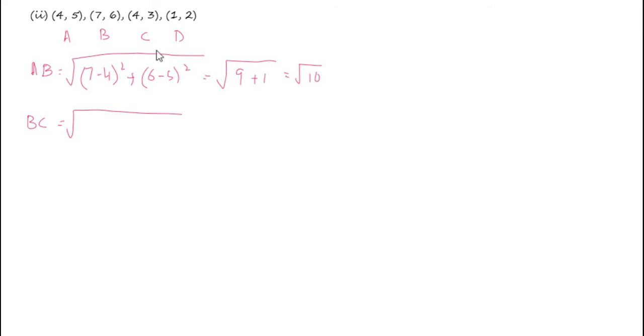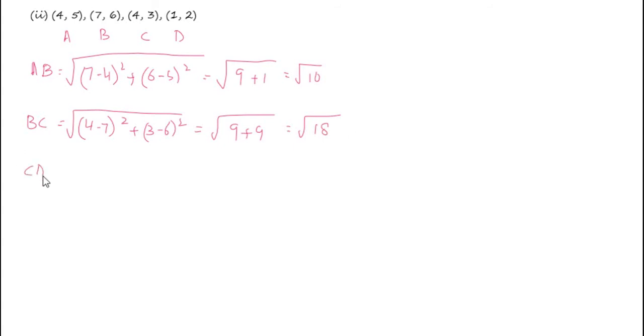So x2 minus x1, 4 minus 7, whole square, plus 3 minus 6 whole square. 4 minus 7 is minus 3, square is 9. 3 minus 6 is also minus 3, whole square is again 9. So this is square root of 18.